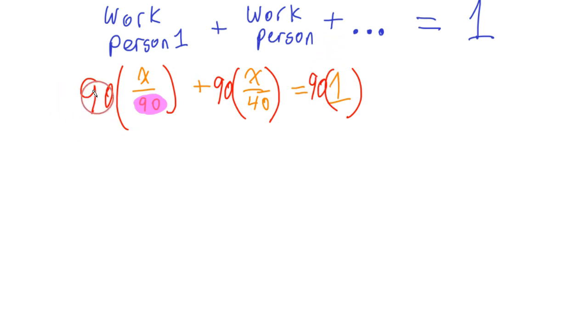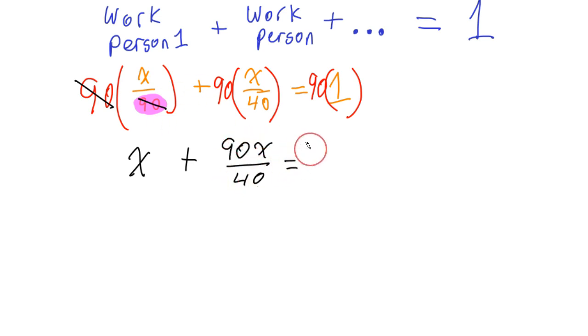So what's going to happen here is this 90 and the highlighted 90 will cross out and we're just left with x. Now multiplication moves into the top of a fraction, so this is going to turn into 90x over 40 equals 1 times 90, which is now 90.